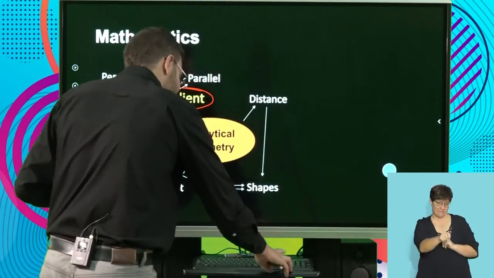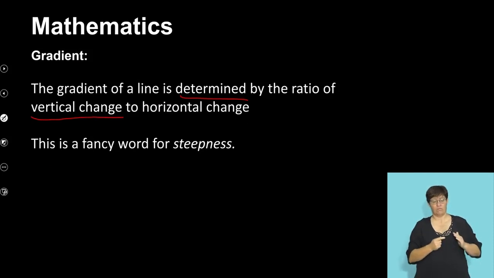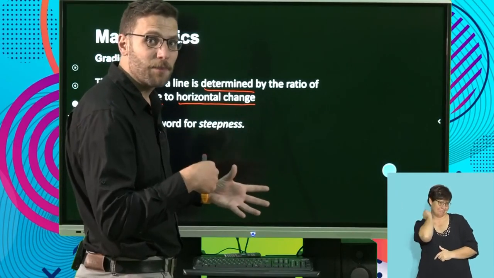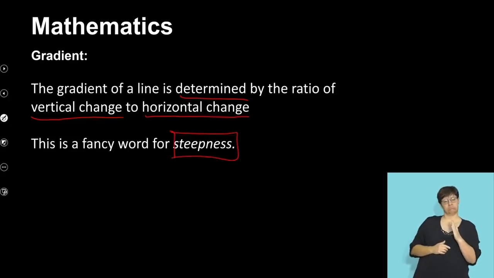So, what is gradient? The gradient of a line is determined by the ratio of the vertical change to the horizontal change. Now, that sounds super fancy and quite complicated, but gradient is just a fancy word for the steepness of a line. How steep is a line?